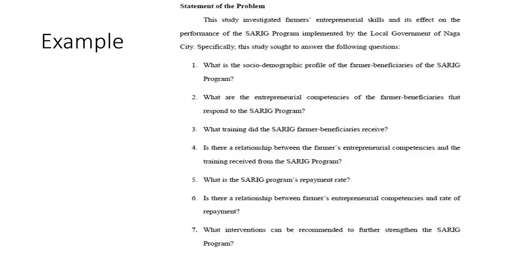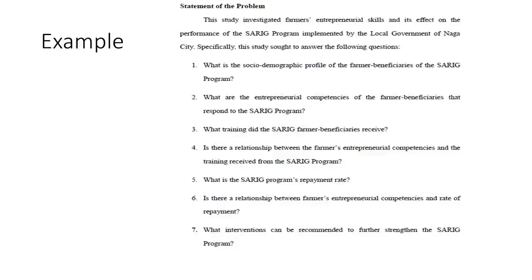First, what is the socio-demographic profile of the farmer beneficiaries of the SARIG program? Second, what are the entrepreneurial competencies of the farmer beneficiaries that respond to the SARIG program? Third, what training did the SARIG farmer beneficiaries receive? Fourth, is there a relationship between the farmer's entrepreneurial competencies and the training received from the SARIG program?